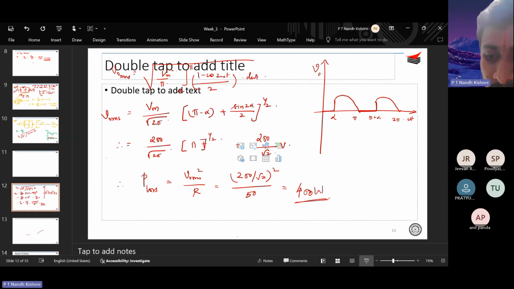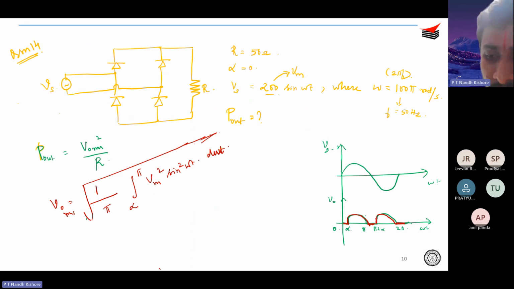I think this is a pretty simple question. Just that they have given the single phase full bridge rectifier with a pure resistive load, and alpha is of course 0 because it's diode based. So you just need to find out. I did it for the generic case so that you are able to solve it even if alpha is a non-zero value, correct?